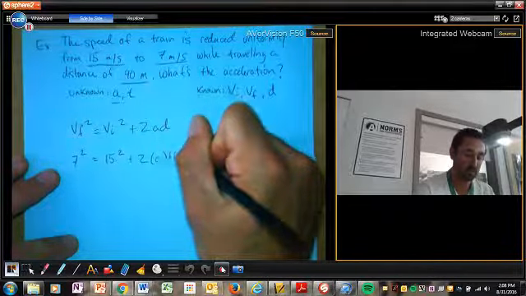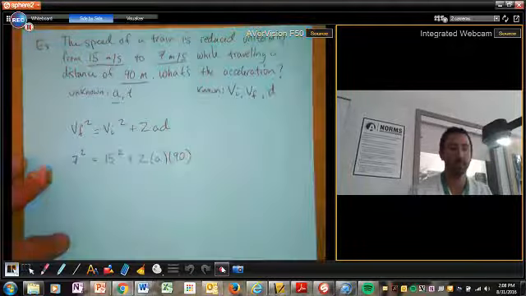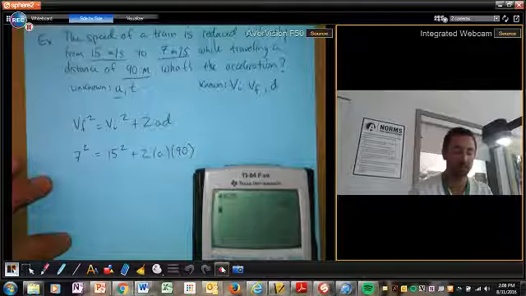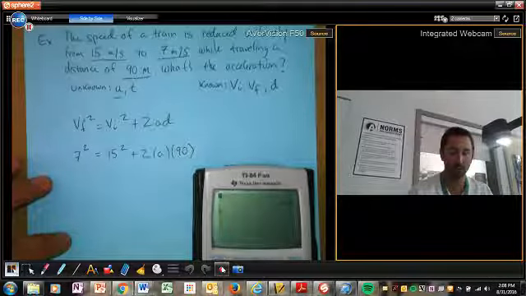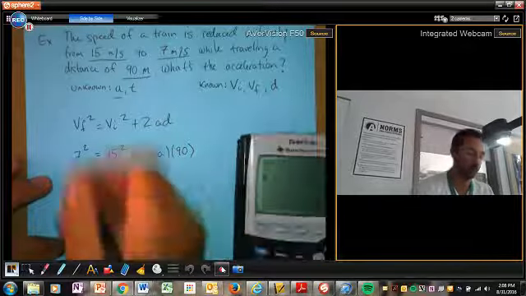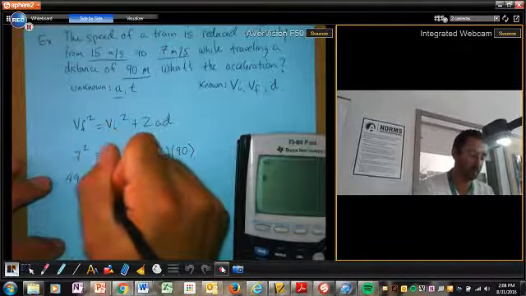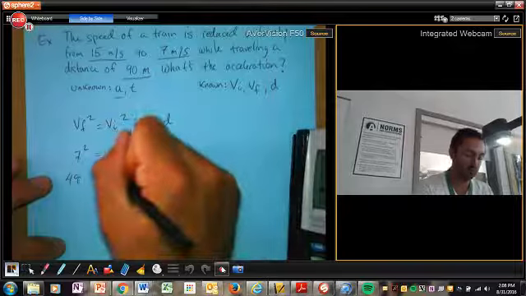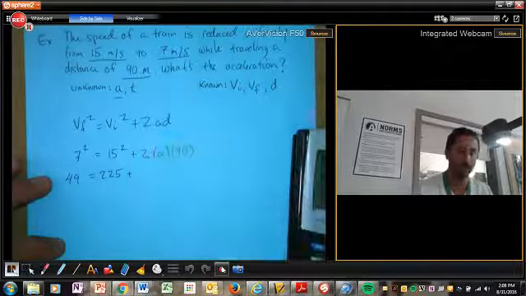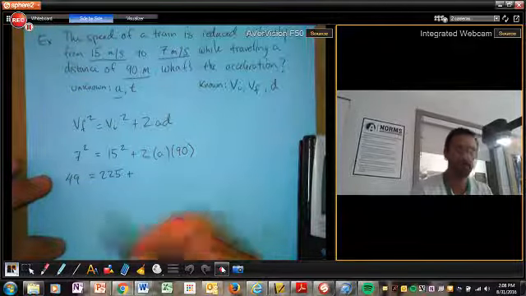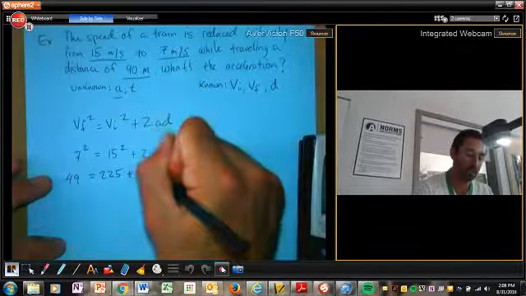First thing I'm going to do is resolve all of this. 7 squared is 49. 15 squared is 225. What's 2 times 90? 180. So let's just say 180A. I like to keep things in parentheses so I can stay organized.